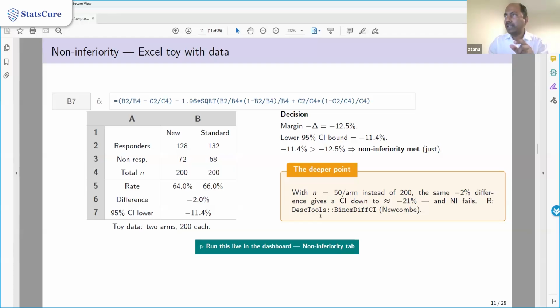The nutshell is that even though this percentage looks different, with this non-inferiority margin we can certainly say they are not different because we fixed that margin earlier.